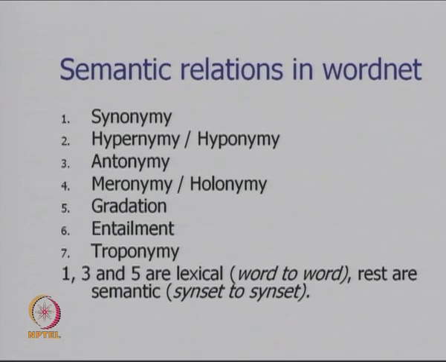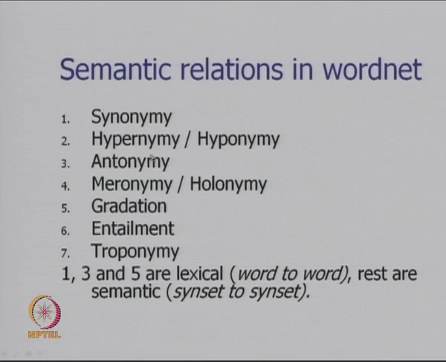So, proceeding further, we see that the semantic relations in WordNet are synonyms, which are words with similar meaning, and they appear in what is called the same synset. The next most important relationship is hypernymy, hyponymy, which is a generalization-specialization relationship, where we establish relationship between concepts which are specific subsets or instances of a more general concept.